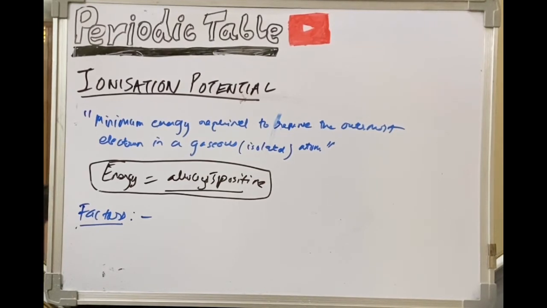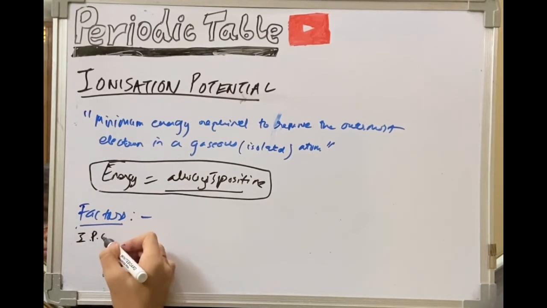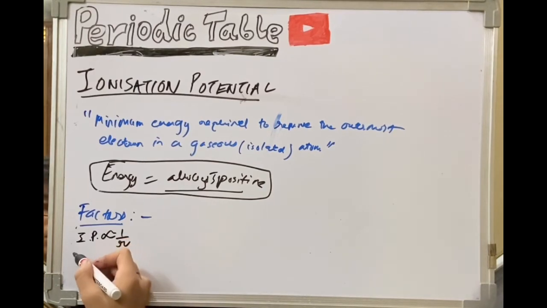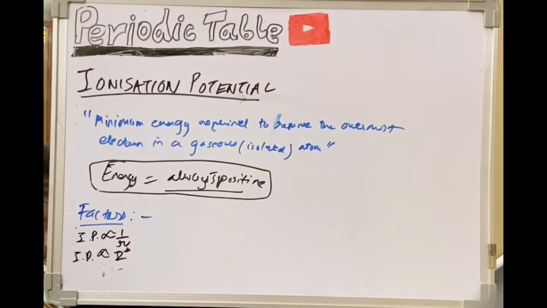Okay, so the ionization energy will be comparatively more in a smaller atom, because more energy will be required to remove the electron from its shell, and attraction will also be more. So IP is inversely proportional to the atomic radius. Now, in the same way, we can say that when the nuclear charge is more, more energy is required to remove the electron from the atom. So it is directly proportional to the effective nuclear charge.